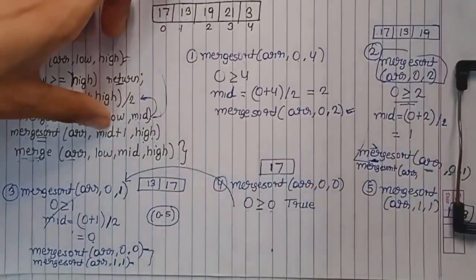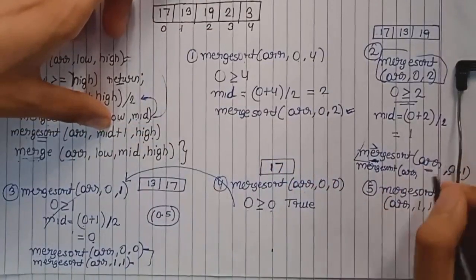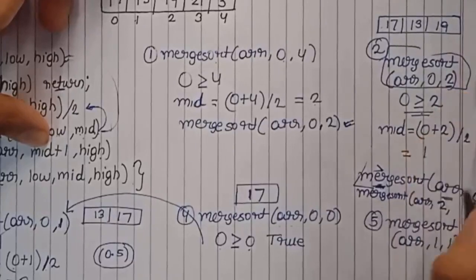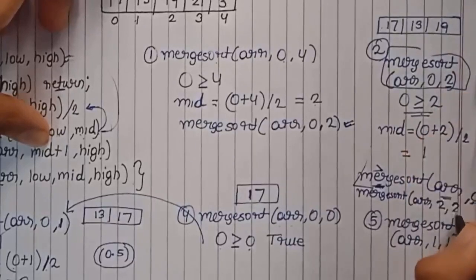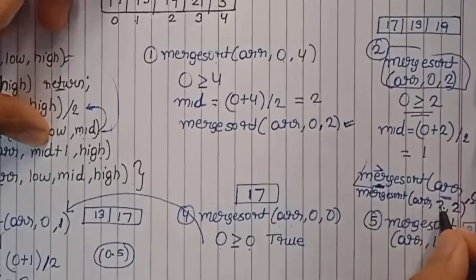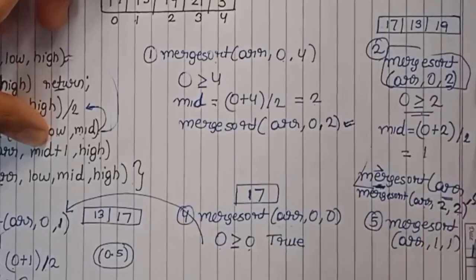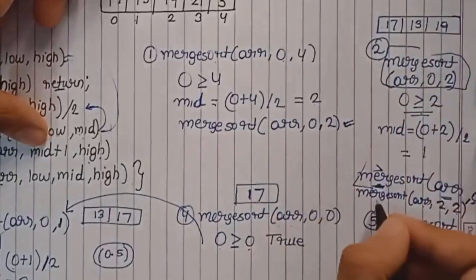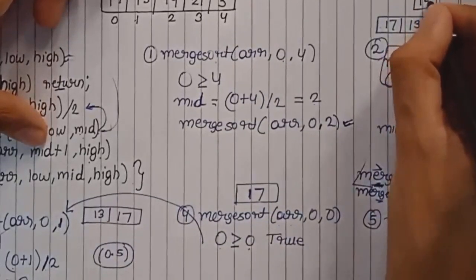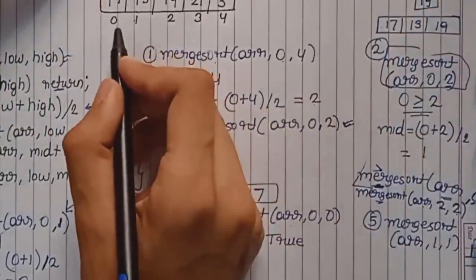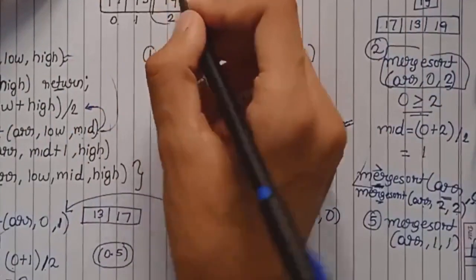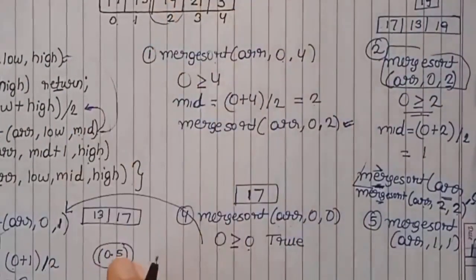Here mid plus 1, the mid was 1, so mid plus 1 will be 2, and here the high was 2. So here as you can see the call is for the array beginning from 2 and ending at 2. And this array which we are talking about here is 19. Because you can notice the index, that is 0, 1, 2. So this is the starting index and this is the ending index itself.